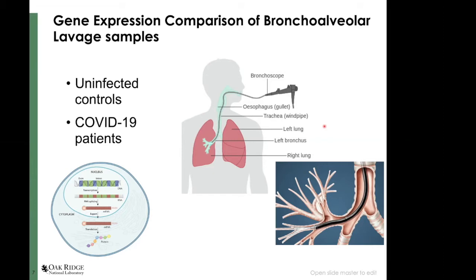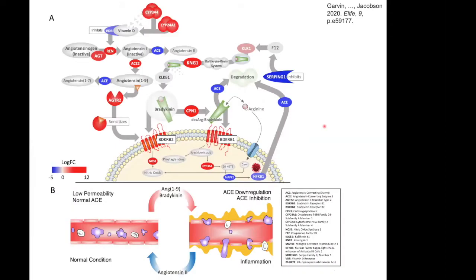And we're able to do this for COVID-19 patients as well as comparing them to uninfected controls. When we look at the results of that differential expression in the context of the renin-angiotensin system as well as the kallikrein-kinin system, we see some really interesting patterns that start to emerge.